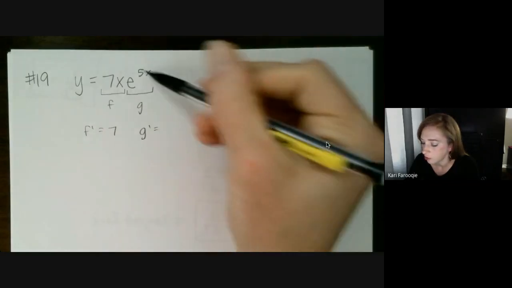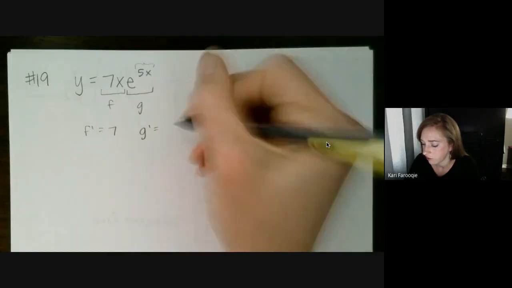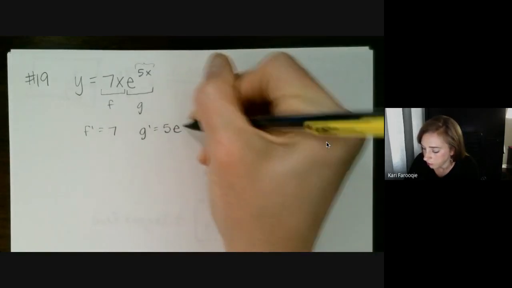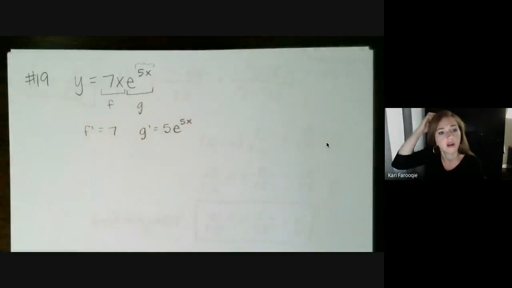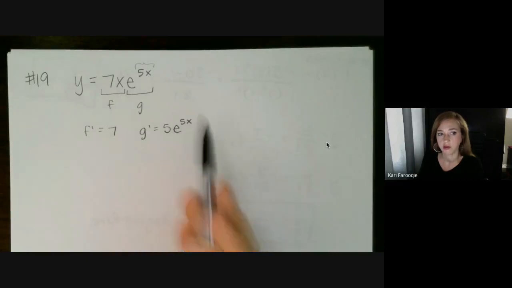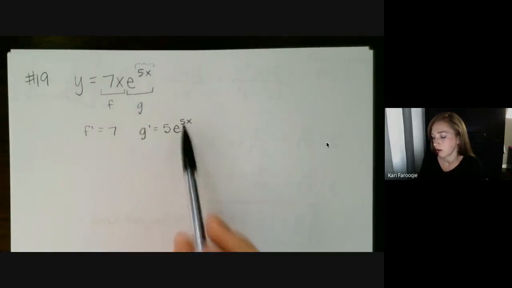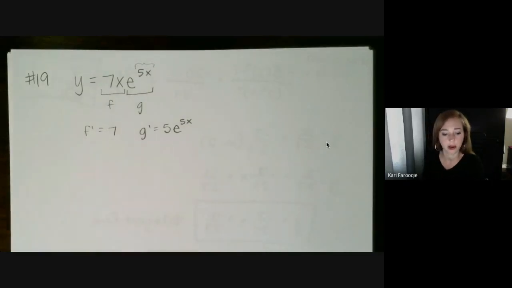So you're going to multiply by the derivative of the inside function, and the inside function is 5x. So you have 5 times e to the 5x. I'm hoping that you'll get really good with taking these exponential derivatives because you'll see them all the time. So just bringing that exponent out front and then just using it that way.